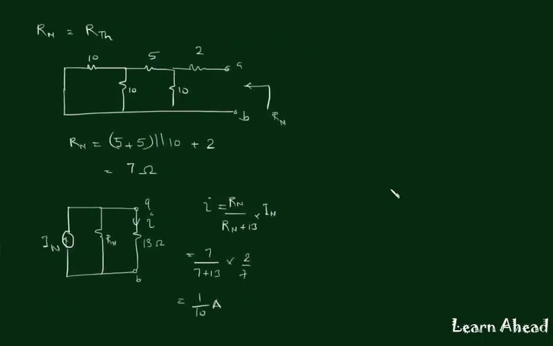There is one more interesting thing that I want to tell you: the relation between Norton's equivalent network and Thevenin's equivalent network. Norton's resistance is equal to Thevenin's resistance, and Norton's current is equal to Thevenin's voltage divided by Thevenin's resistance.